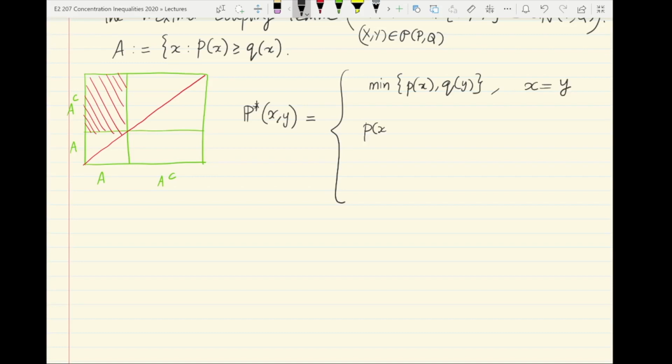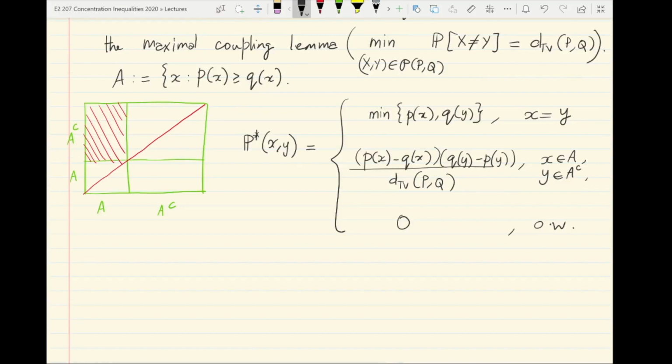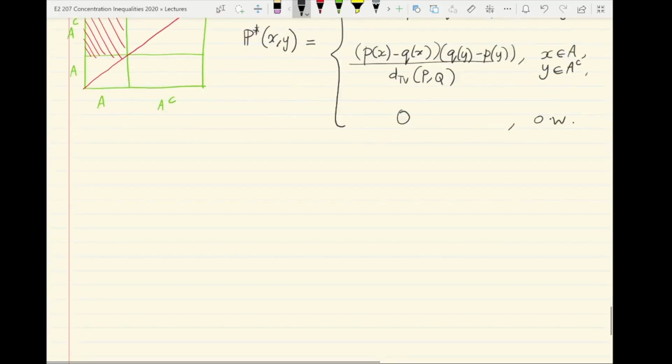It was defined to be (p(x) minus q(x)) times (q(y) minus p(y)) divided by d_TV, the total variation distance between P and Q, in the northwest quadrant, on x belonging to A and y not belonging to A, and 0 otherwise. So that was exactly this coupling which put mass exactly on the diagonal and the remaining mass on the northwest corner.